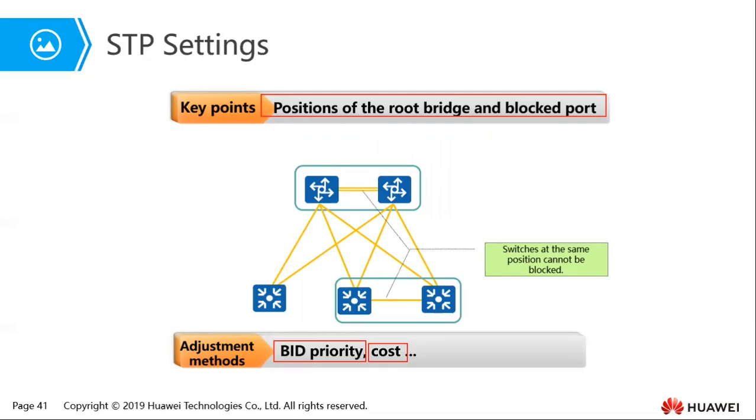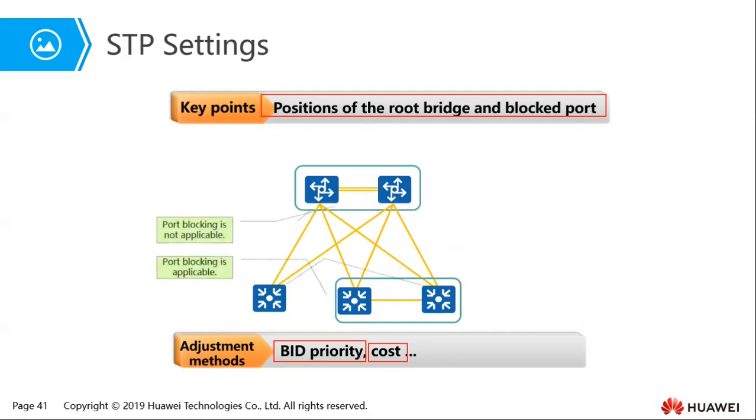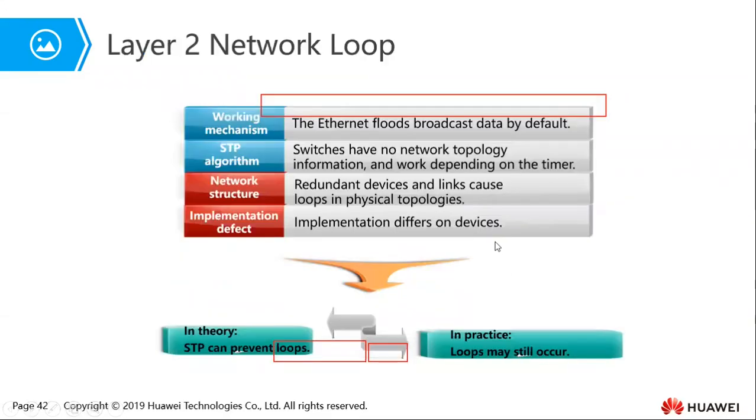So these links cannot be blocked because most of the time they've actually been bundled together using Ethernet trunking to improve bandwidth. So if they're on the same level, they cannot be blocked. Now look here. At the aggregation layer, port blocking is not applicable. So we cannot block a link on the aggregation layer. So where do we block then? We need to do port blocking at the access layer. So those are some of the things that you're supposed to understand.